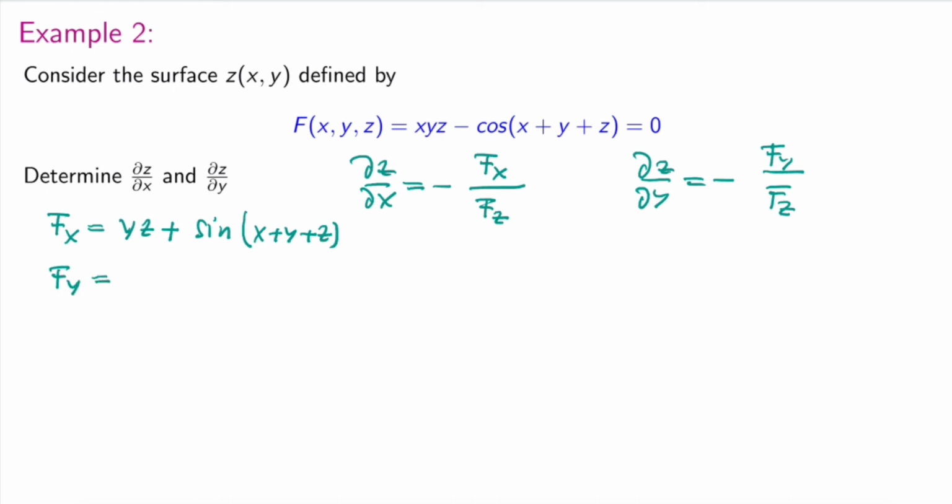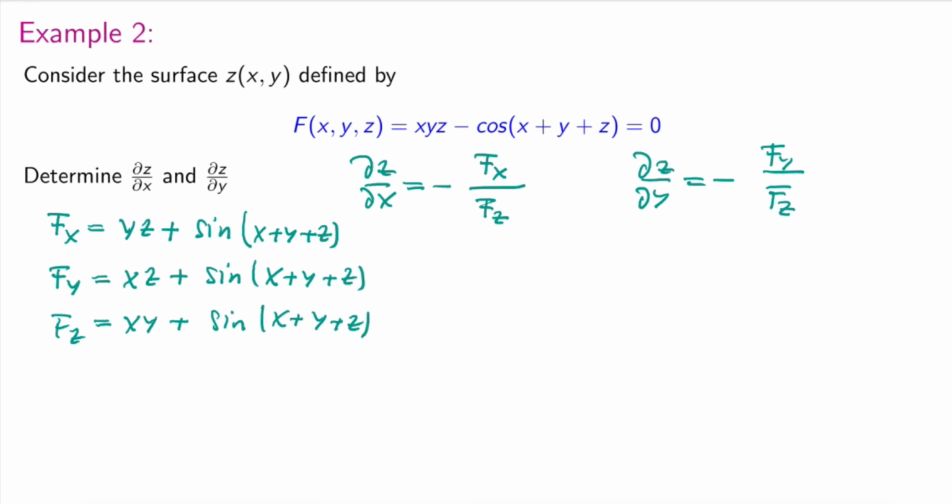Similar for Fy, if we differentiate by y, we get xz in the first term, and we actually get the same sine term of x plus y plus z. Fz would then be xy plus sine of x plus y plus z. Okay? And then you can easily build those two ratios, which I indicated there.